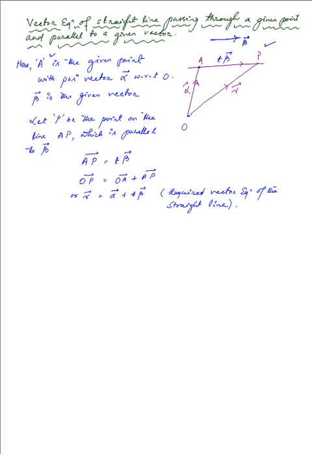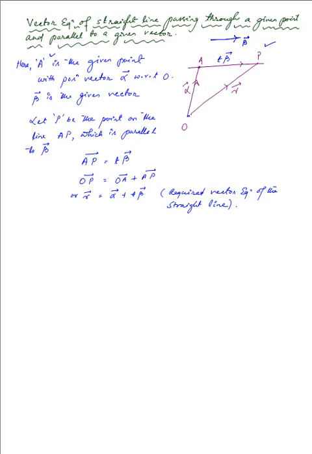So the line AP now satisfies both the cases, that is it is a straight line and it is carrying a given point, that is the point has been given to us, and it is parallel to the beta vector. That's not B, that's beta vector. So it is parallel to the beta vector.